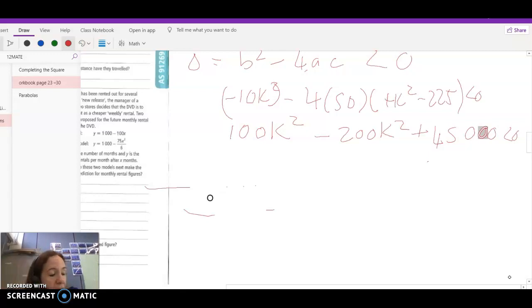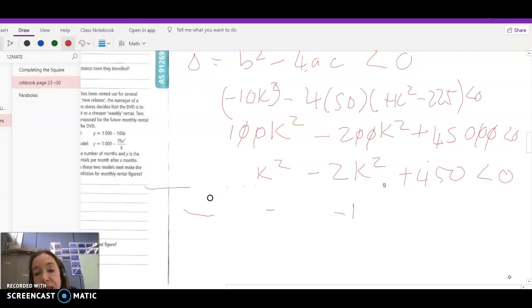And now I'm just going to quickly divide through by 100. So I've got k squared minus 2k squared plus 450 is less than 0. K squared minus 2k squared gives me negative k squared plus 450 is less than 0.